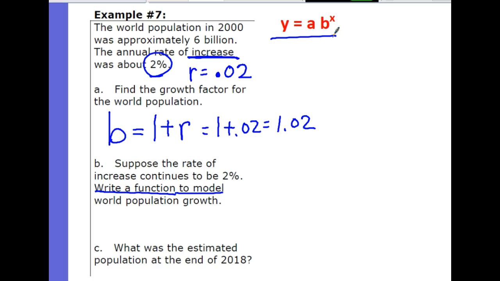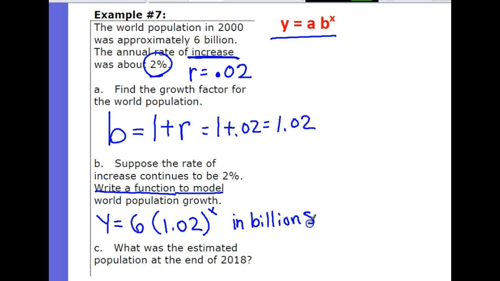How many people did we start with? Now, we can write 6 with all those zeros, or we can just write the 6. What's the B? 1.02 raised to the x, and then we put a note out to the side. This is representing billions of people.